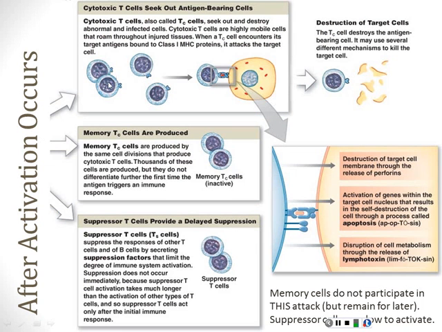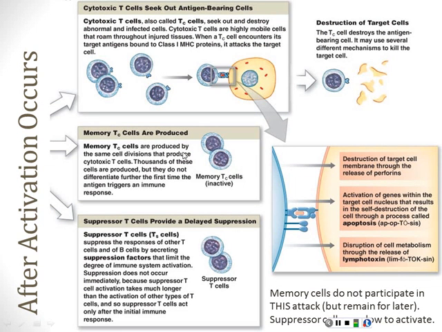Most of the copies are going to become part of the attack force. They're going to become these cytotoxic T cells that are going to seek out that antigen and destroy any cell that has that antigen on its surface, right? So that's most of the cells. That's going to damage or destroy the infected or mutated cells of concern.